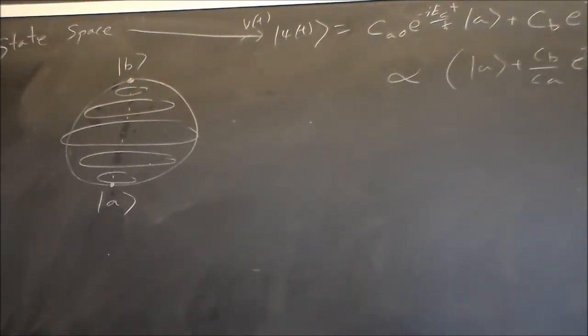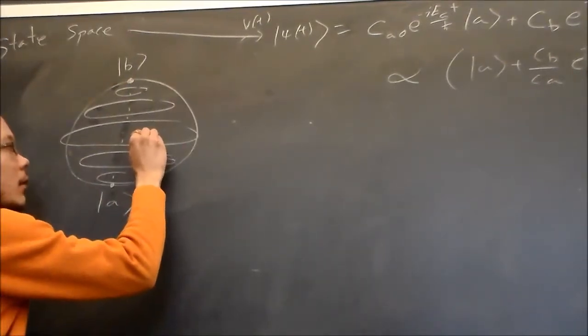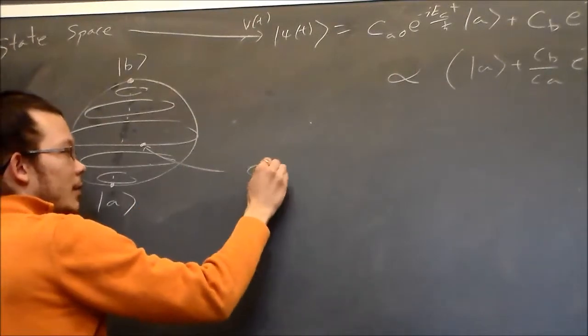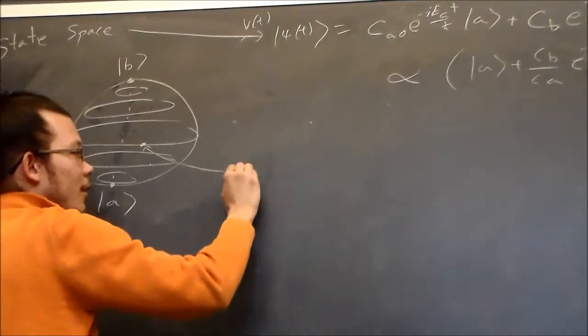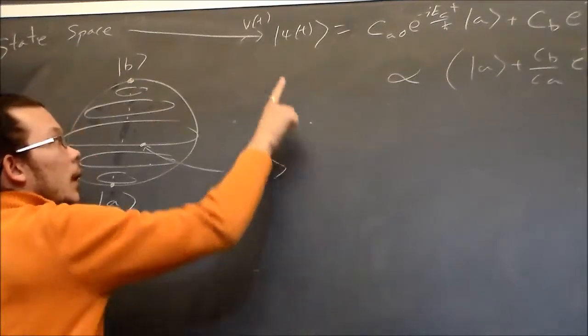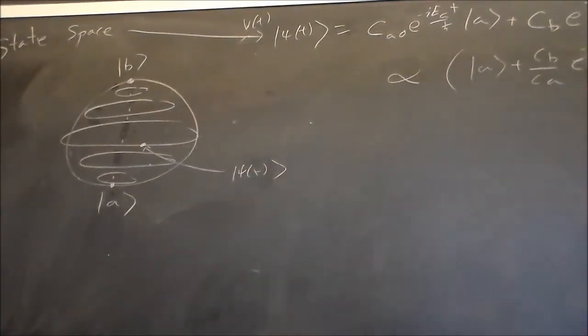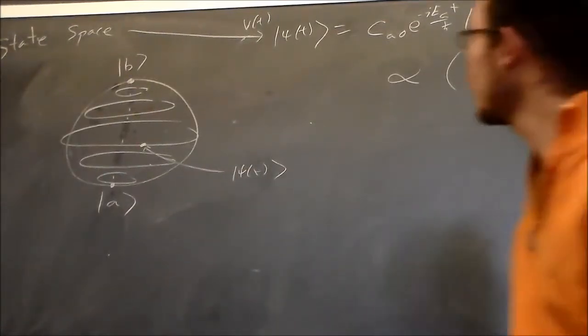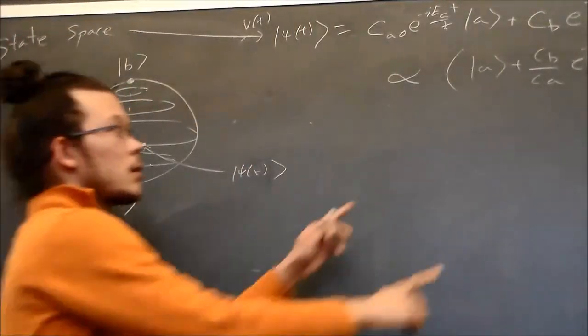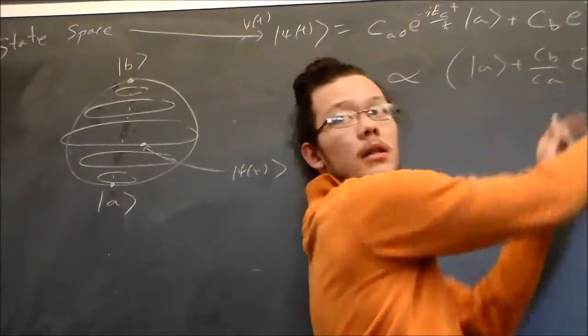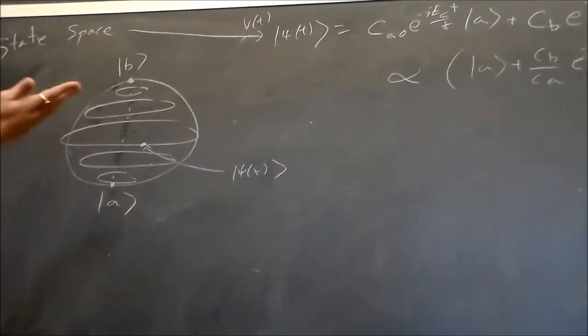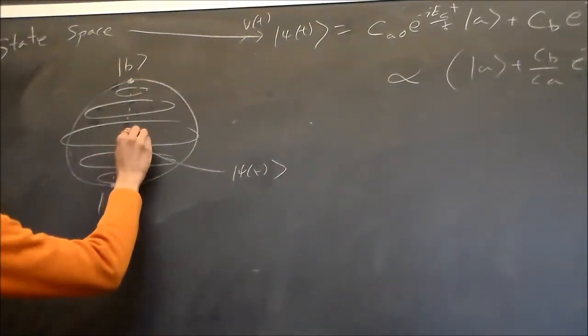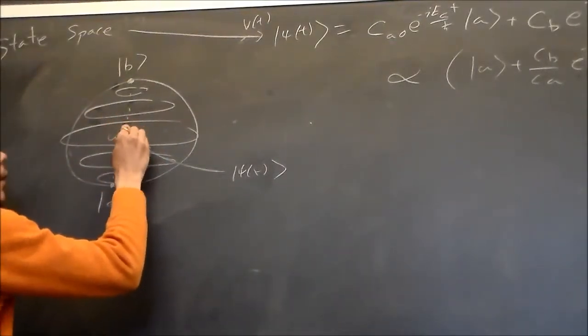And the point is that if I have any state, so this is my c_A naught, this is my psi of t, what is it doing? In time, it is swinging. That phase is changing by exactly that frequency. So in other words, it's moving this way by omega naught.